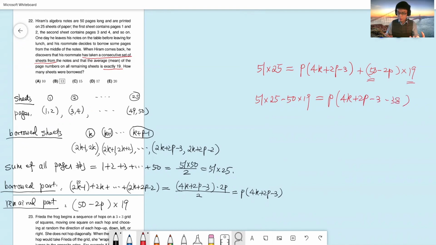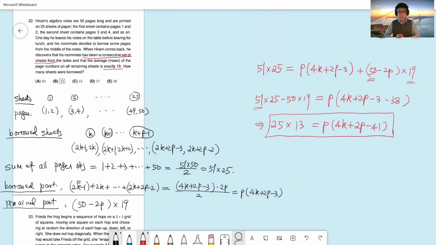So minus 38. This means we have the following equation. This equals 25 times 13, basically 51 minus 38. So 13 equals p times 4k plus 2p minus 41. We got this equation on p and on k.